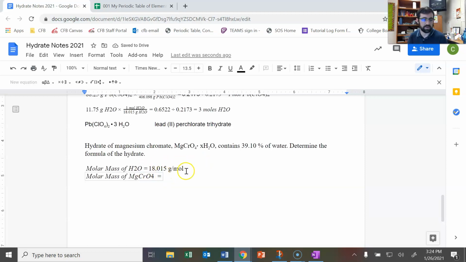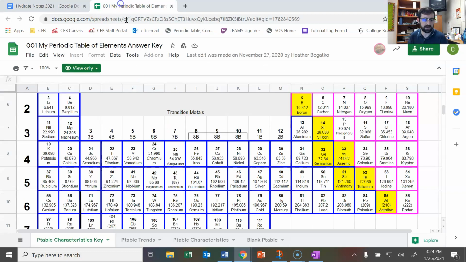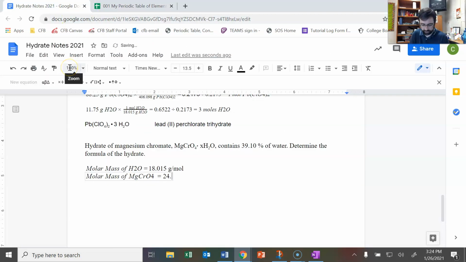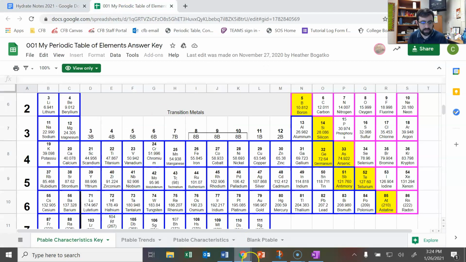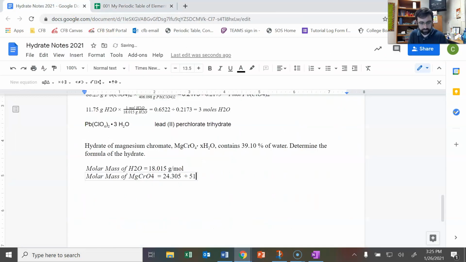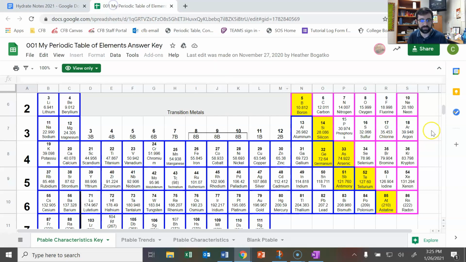Okay, magnesium chromate. So I need to find the mass of magnesium, 24.305, plus the mass of chromium, Cr is 51.996, plus 4 times the mass of oxygen, which is 15.999.